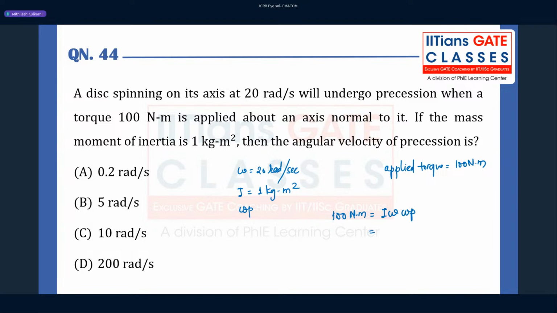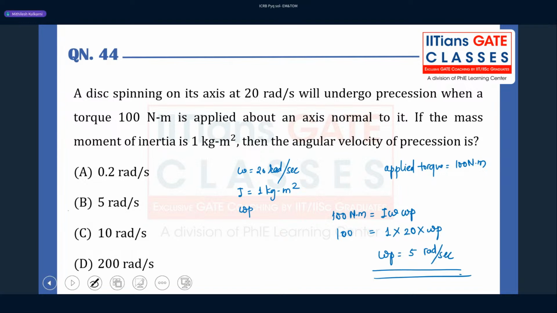The value of I in this case is 1. Omega is given as 20. Omega p is supposed to be calculated. So 100 divided by 20 is 5. So omega p is 5 radians per second. So option B is correct in this case.